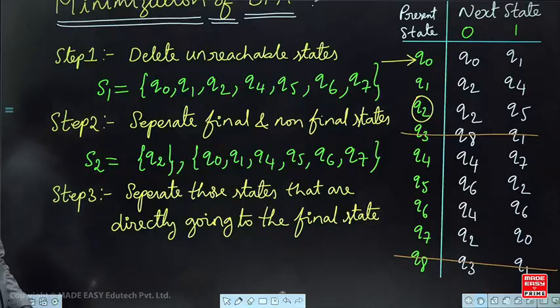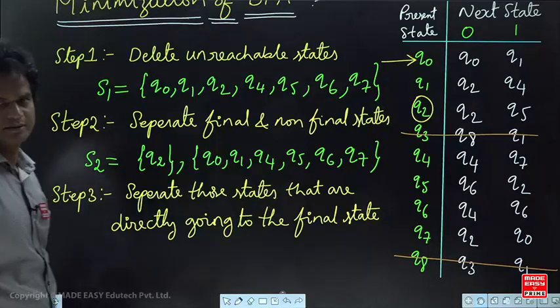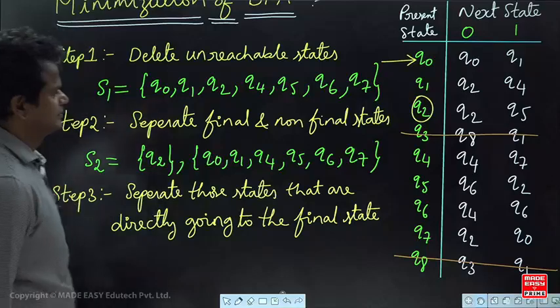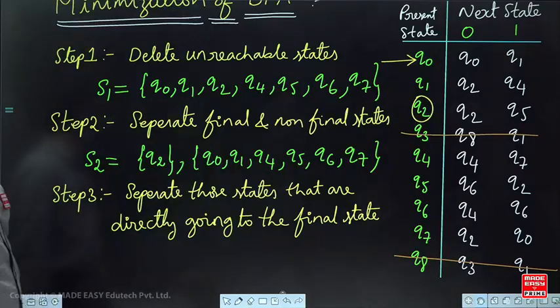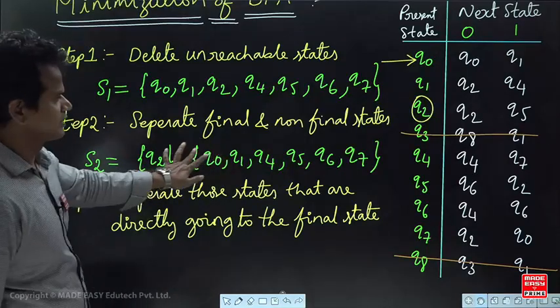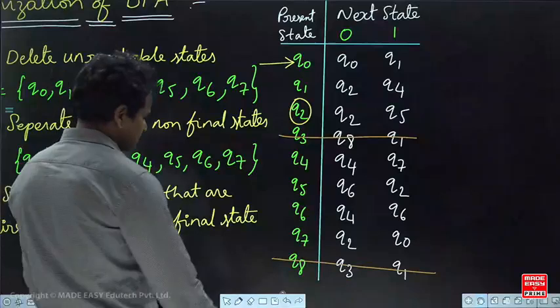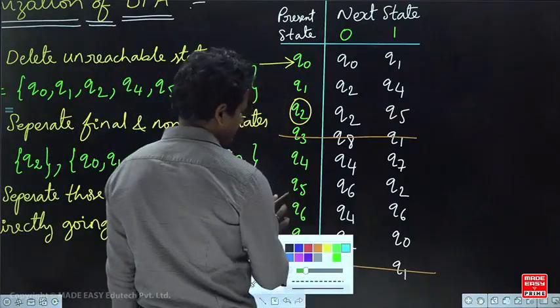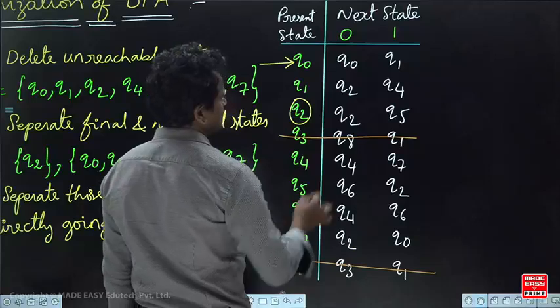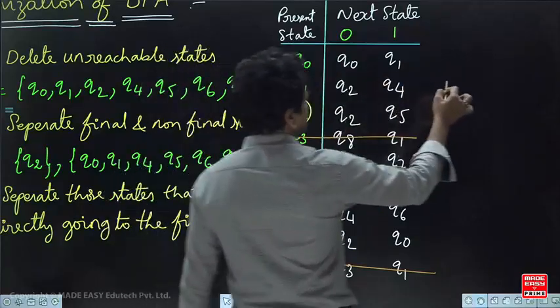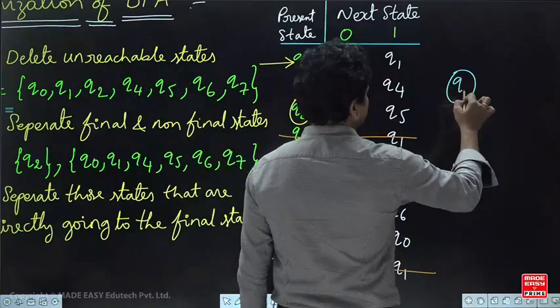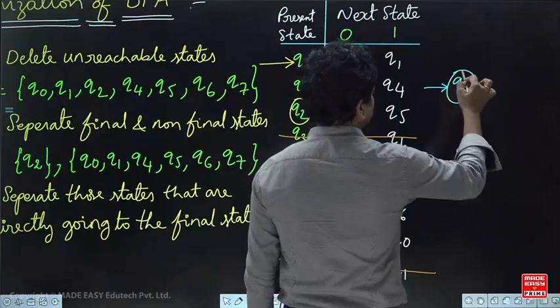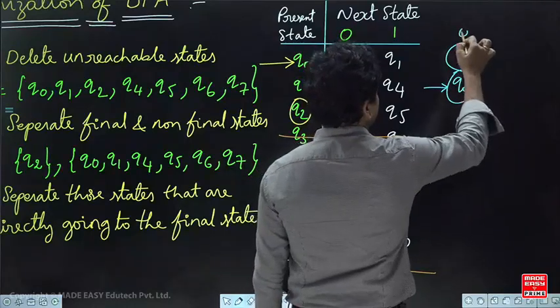Separate those states that are directly going to the final state. Okay, copied? Now look at this one. From Q0 on input 0, you can go to Q0.